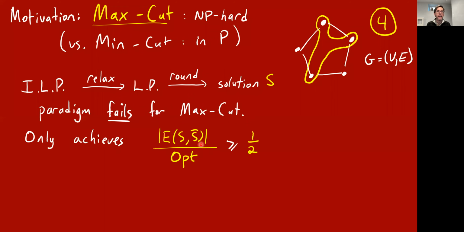And if you try it, the only thing you'll really be able to prove about this strategy is that the size of the cut it achieves, the number of edges from S to S complement, will be at least a 1/2 fraction of the optimum.